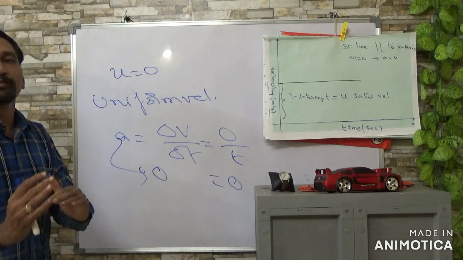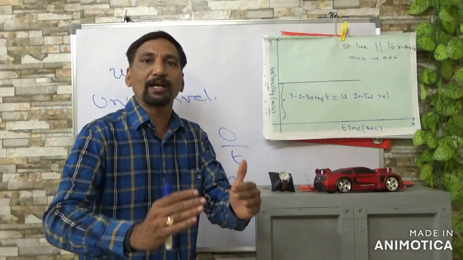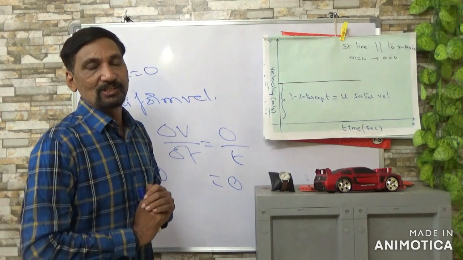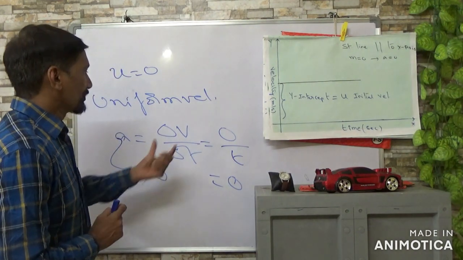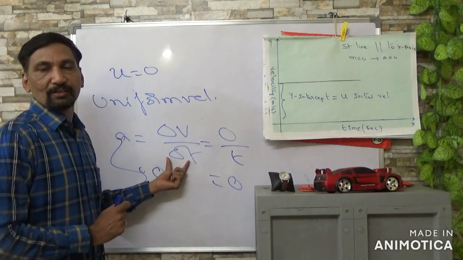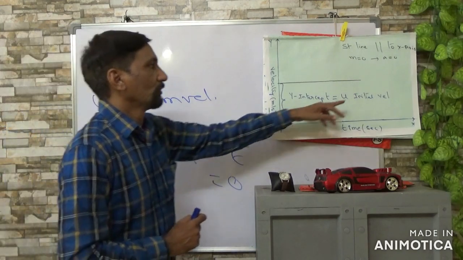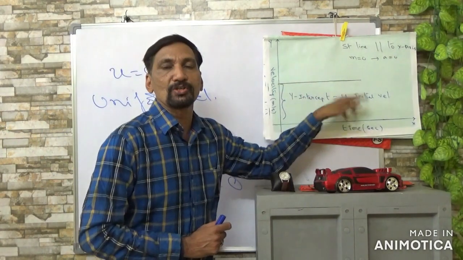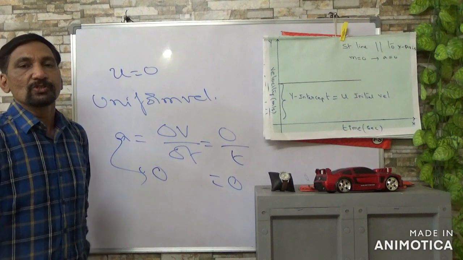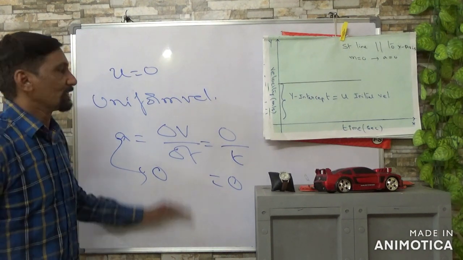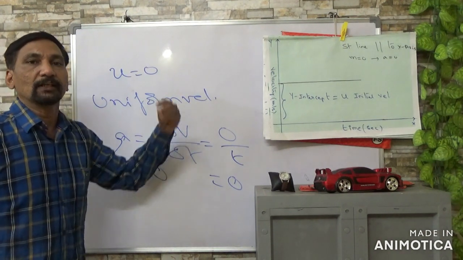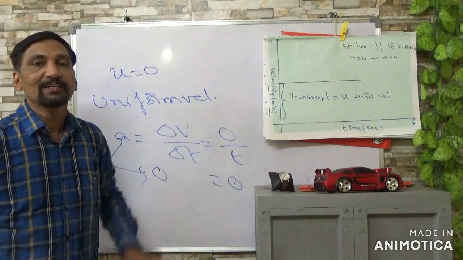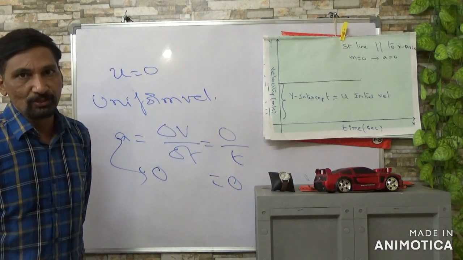How do you define slope? Difference in y coordinate by difference in x coordinate. So here, change in velocity by change in time. That is nothing but 0. It is maintaining constant velocity. Remember, whenever a body maintains uniform velocity, the corresponding acceleration of the body is always equal to 0.